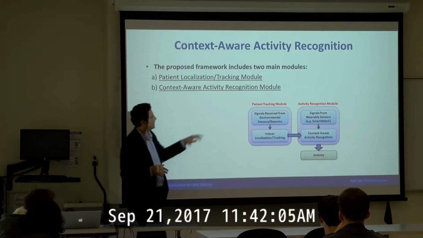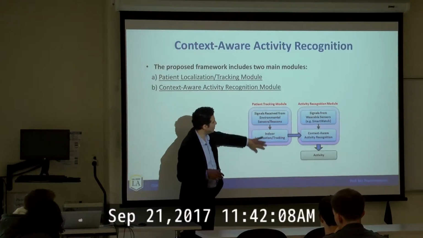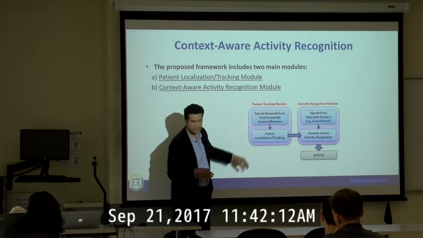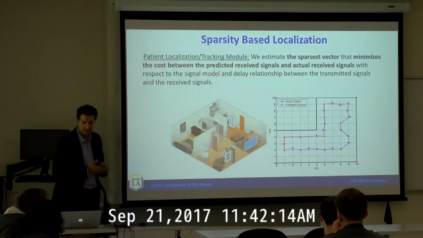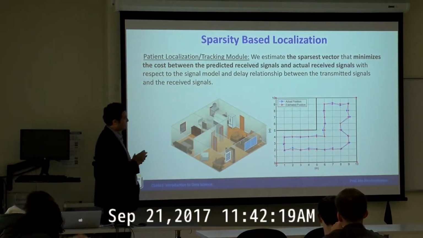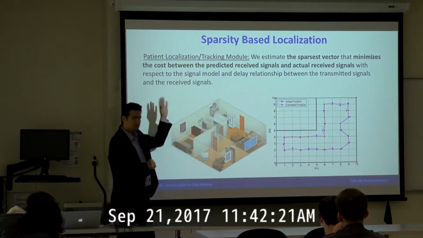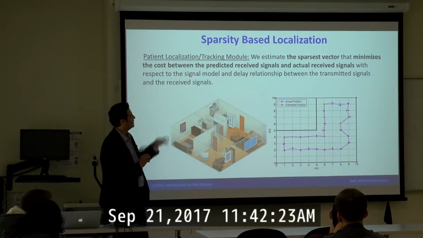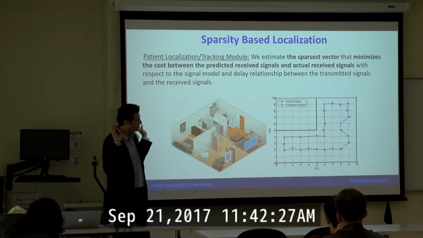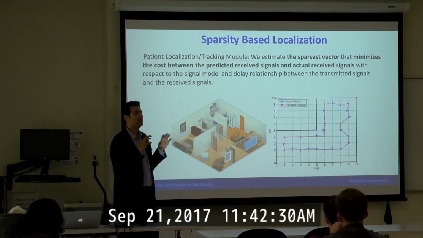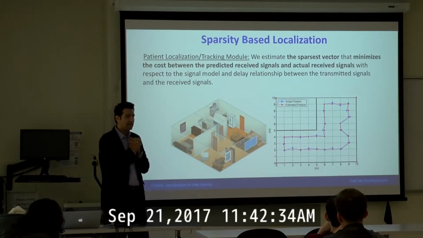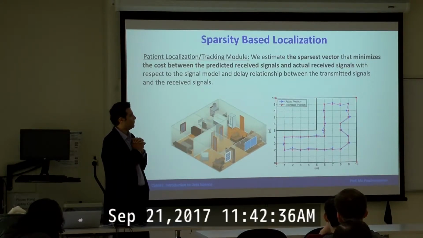So we added a patient or individual tracking module to the system. The tracking module is responsible for detecting the location of an individual or patient in his house. There are some algorithms that we developed to do that. Again, we don't have time to talk about all the details, but assume that we are able to find the location of the patient when he's home.